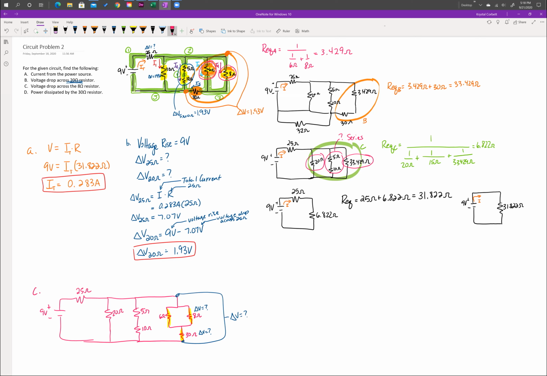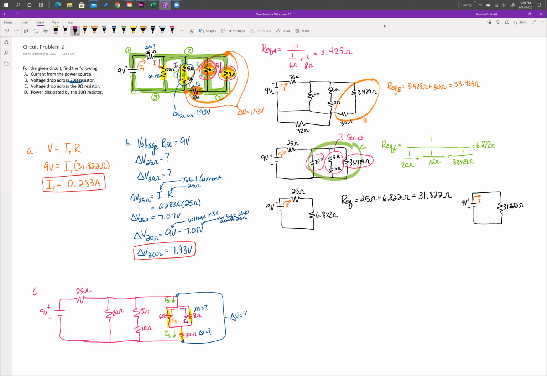We know that the current that passes through this 30 ohm resistor we have labeled I5. The current entering that is also I5, except that it splits here, and I3 goes through the 6 ohms, and I4 goes through the 8 ohms.